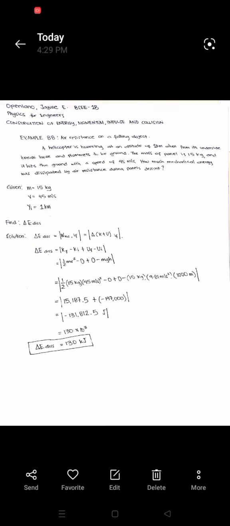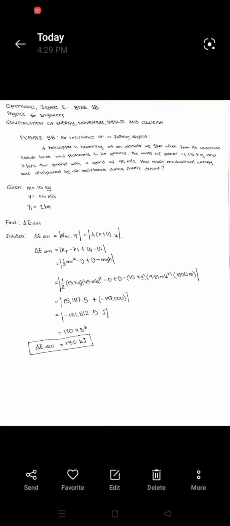We all know that the kinetic energy is equal to 1/2 mv squared, and our potential energy is equal to mgh. So our initial kinetic energy and final potential energy are equal to 0.